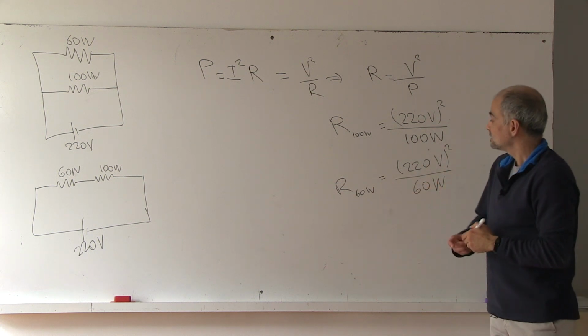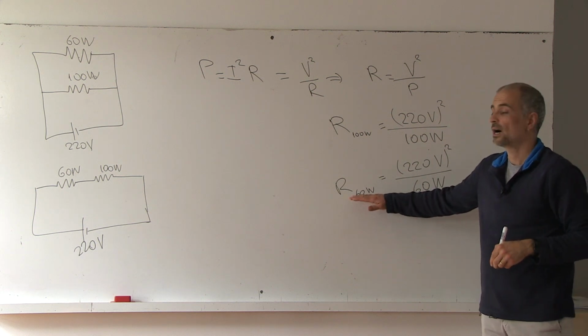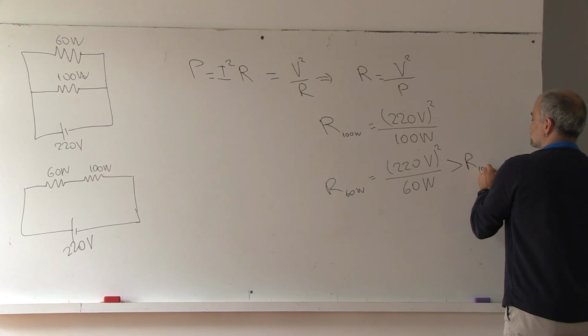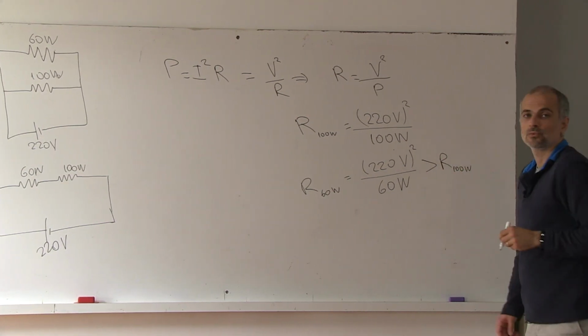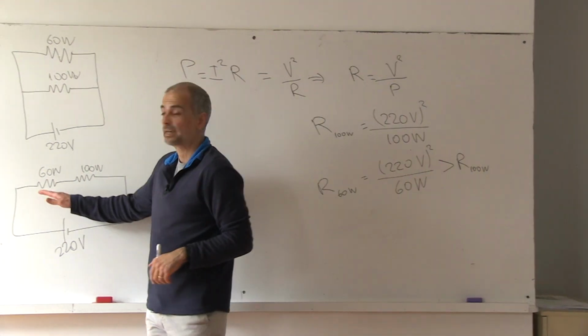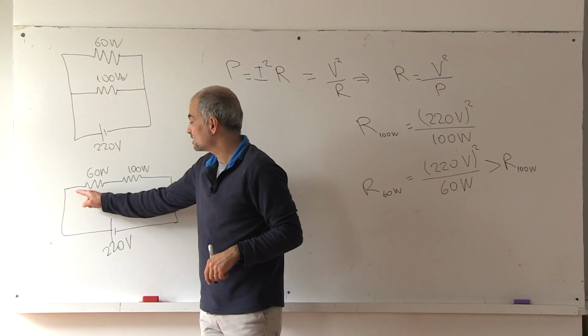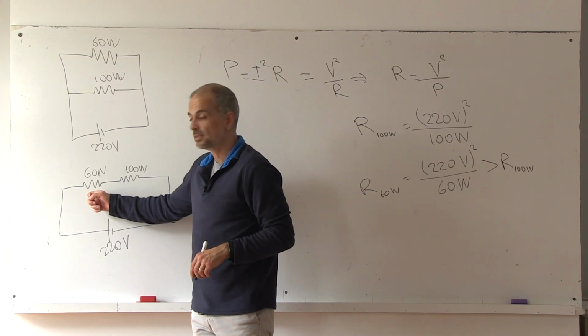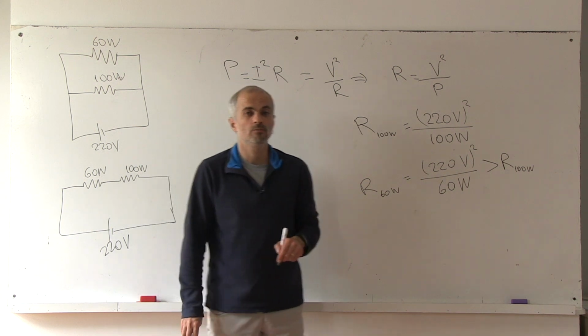You see that the 60 watt lamp has a higher resistance. This is larger than the resistance of the 100 watt lamp. But since the 60 watt lamp has a higher resistance, when you send the same current through both of these lamps, the 60 watt lamp will be brighter.